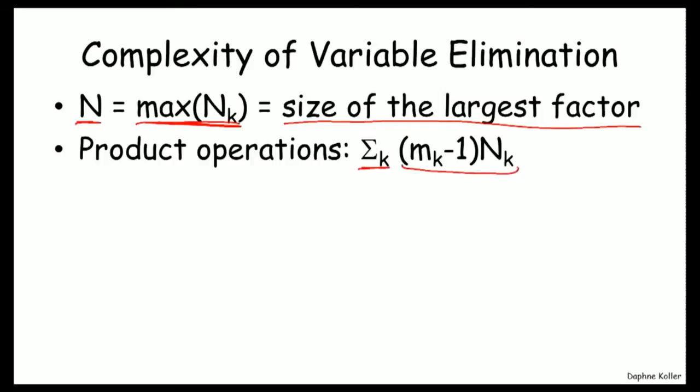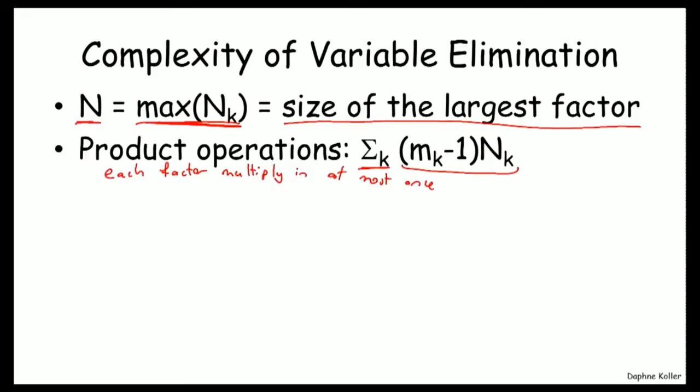But now here's the critical observation. Each factor is multiplied in at most once. Because as soon as we multiply it in, it goes away.